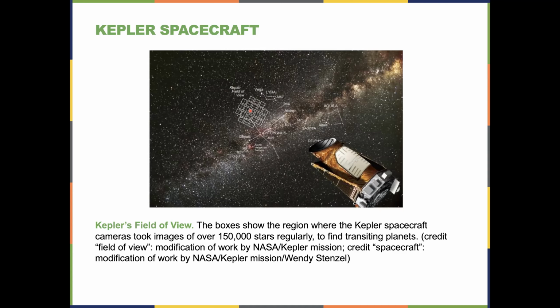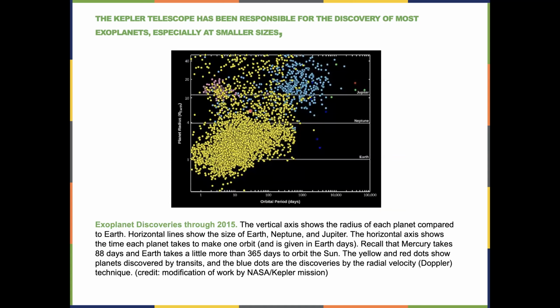The idea is that Kepler takes images of over 150,000 stars in this region to find transiting planets. That is the main method Kepler's telescope is using: it detects exoplanets using the transit method, as we have discussed earlier.